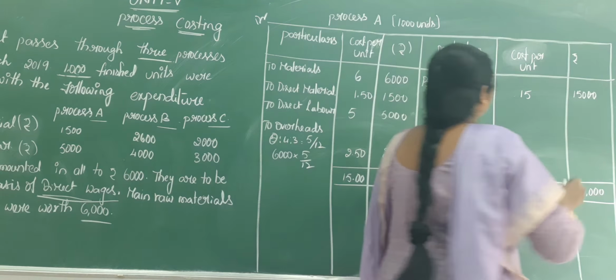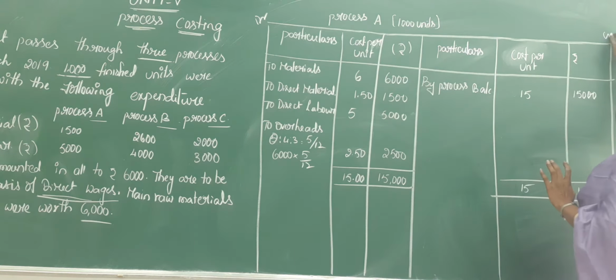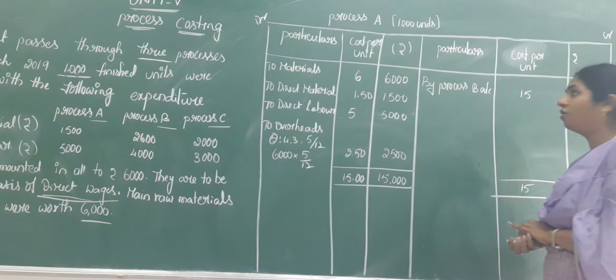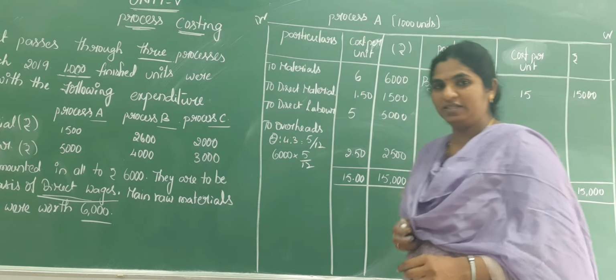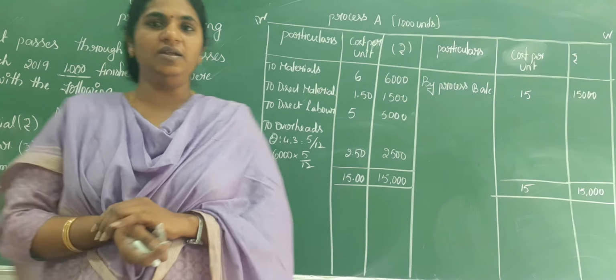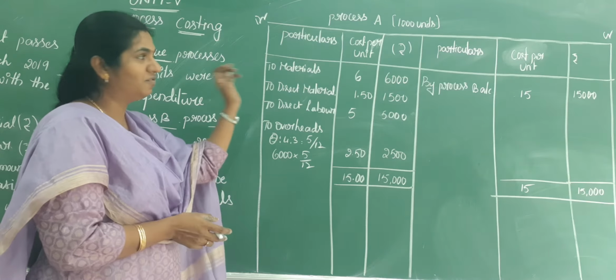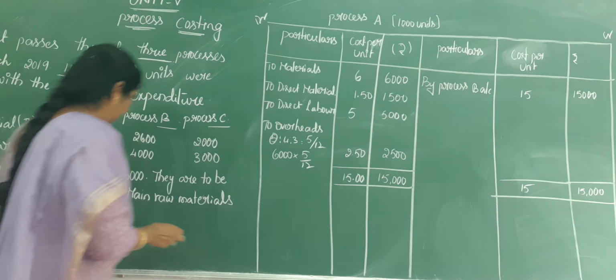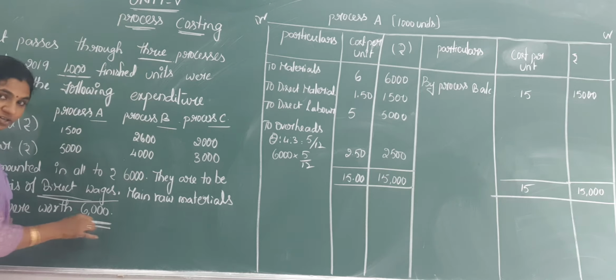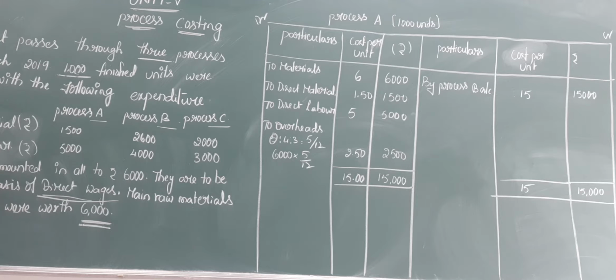Similarly, on the credit side we write particulars, per unit cost and rupees. Now let us check very clearly. They have given us the raw material. What is the amount of raw material given in the problem? See, I have underlined it already.